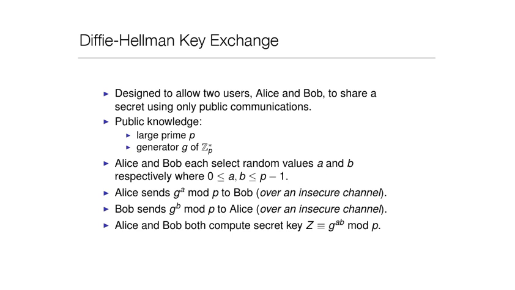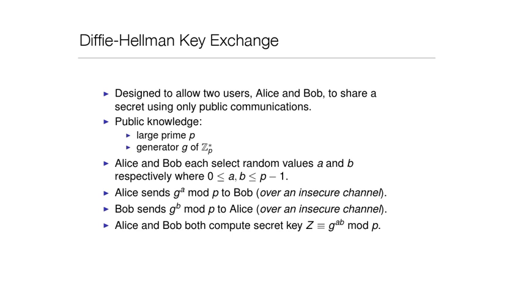Alice doesn't know the value of B, but she knows the value of G to the power B, and she computes G to the power B to the power A, because Alice knows the A value. Bob knows the B value, but Bob doesn't know the A value.